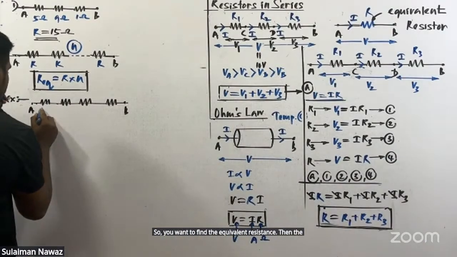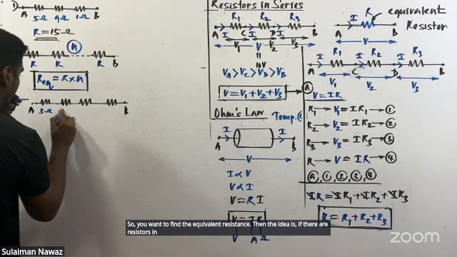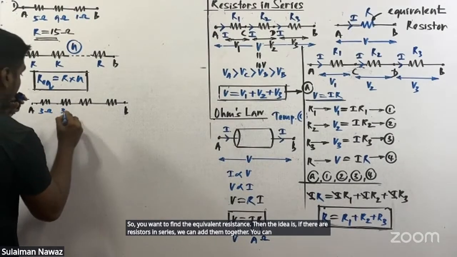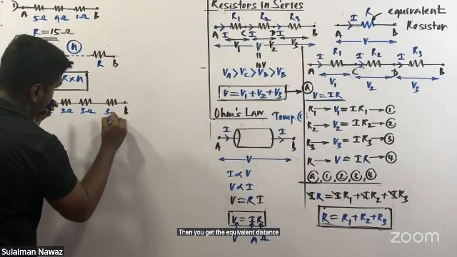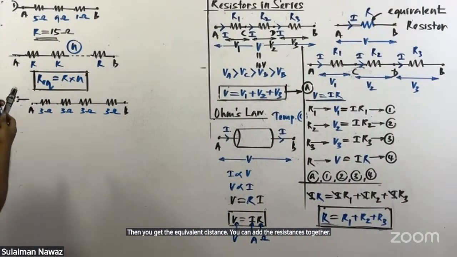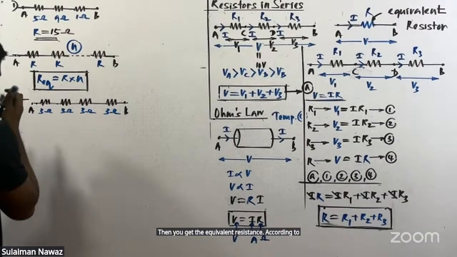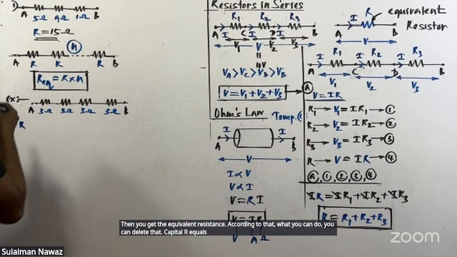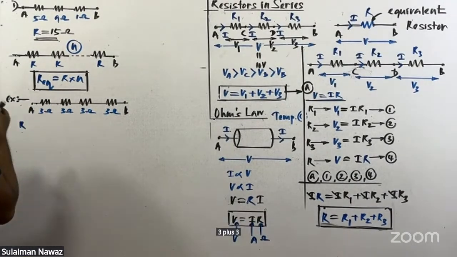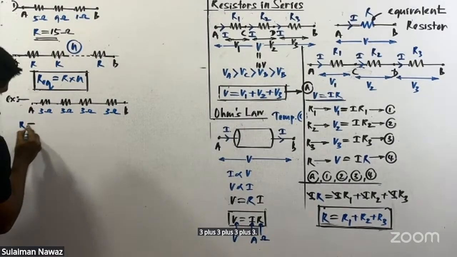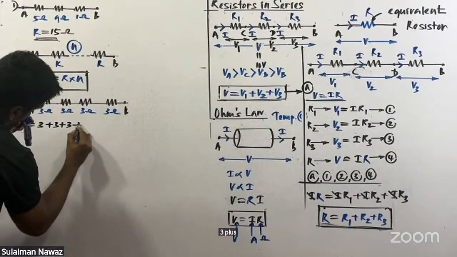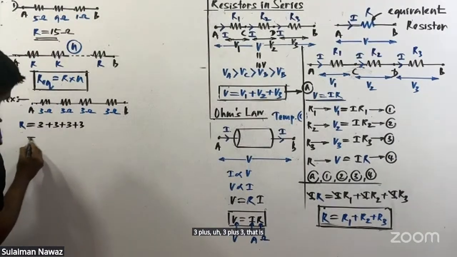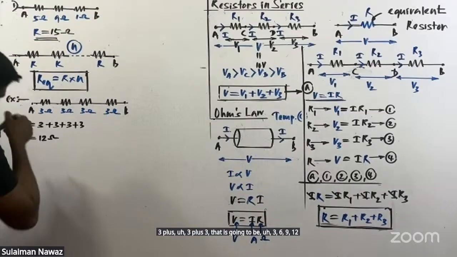If there are resistors in series, we can add the resistances together, then you get the equivalent resistance. According to that, capital R equals 3 plus 3 plus 3 plus 3. That is going to be 3, 6, 9, 12 ohms.